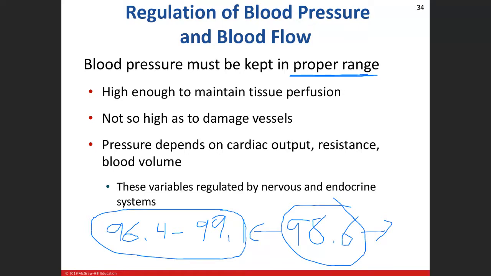So what's our blood pressure value? What's the normal value? 120 over 80. That's right. Now these values are subject to change depending on who you talk to. We talked on Monday about the American Cardiac Association saying they were going to change the blood pressure.